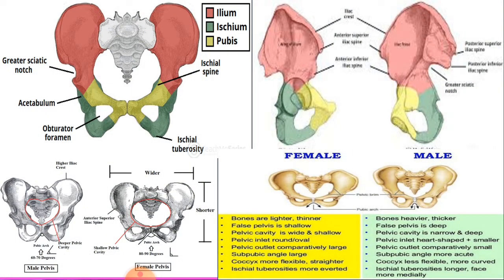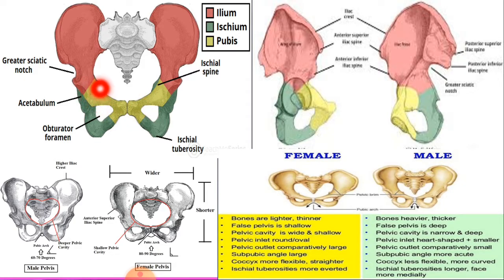Okay, so this is the pelvis, which is a basin-shaped structure, and it is formed by the pelvic girdle, the two innominate bones and the associated sacrum and the coccyx. Now we talked about the pelvic brim and the true and false pelvis, and we will look at these now.